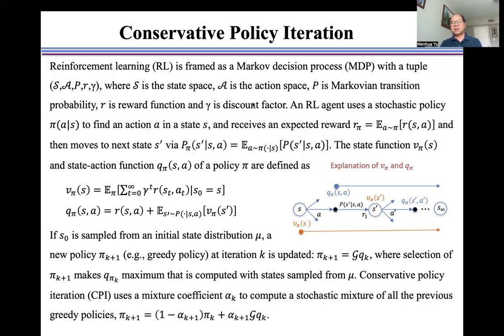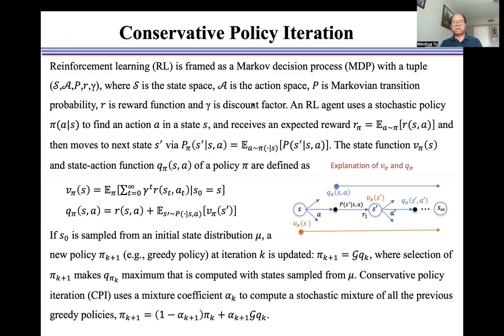An RL agent uses a stochastic policy pi to choose the action A in a state S and receives the expected reward R pi, and then moves to the next state S prime via the transition probability P pi.